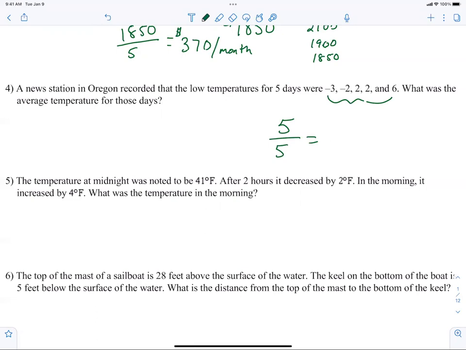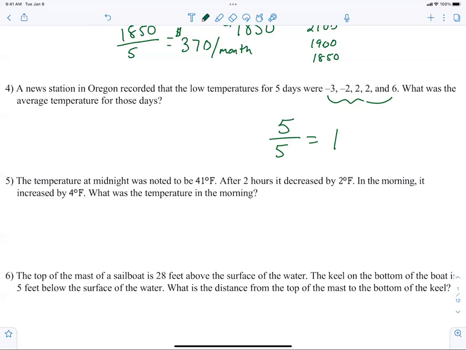Shh, leave him alone. I'm trying to help. I'm right here. He doesn't need any help from anybody. 1. Now I want to know what does 1 represent? The average temperature. Yeah, a news station in Oregon recorded that the low temperatures for 5 days were here.